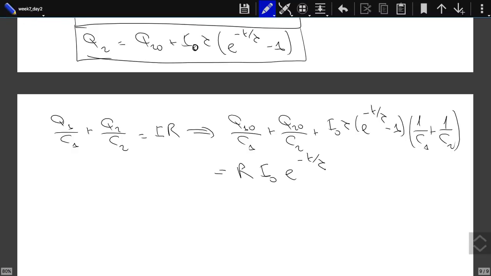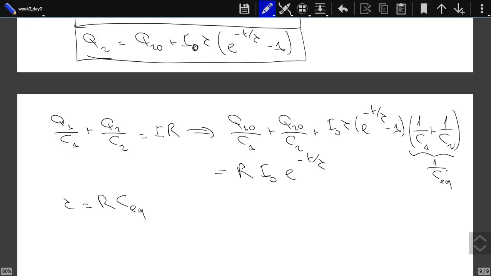I is I0 times e to the power minus t over tau. So these q1(0), q2(0) are things that we can fix initially. We can fix them arbitrarily. So this equation should give us what that I0 is. But let's see. This is our 1 over C equivalent. And remember, tau is R times C equivalent.